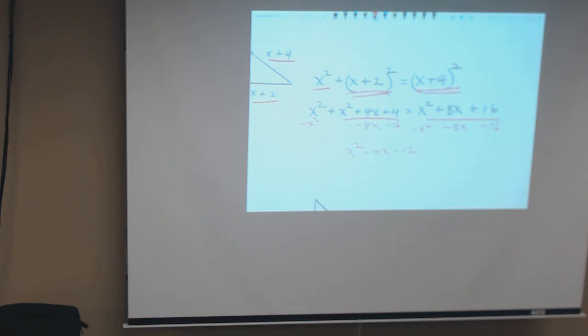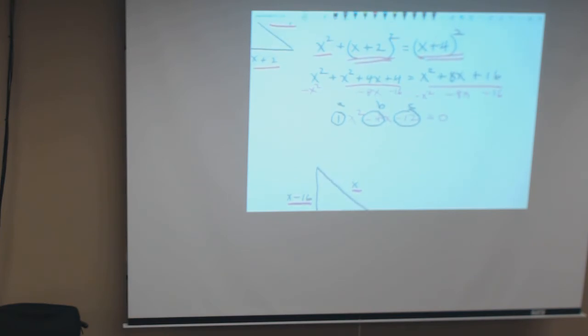12 equals 0. And then if you're using your factor thing, you go, this is 1, a is 1, b is negative 4, and c is negative 12. But see, I'm thinking, just draw your factors.